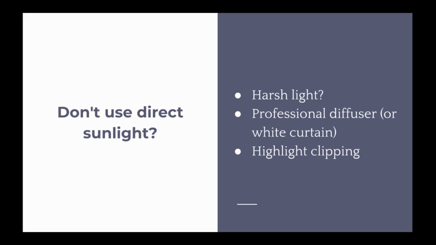For example, when I was working in the north, we didn't have that much sunlight and it was almost always a cloudy sky, so it was almost like a natural softbox. But when I moved to Australia or Portugal, the light was so harsh that I almost always had to use a professional diffuser or a white bed sheet.